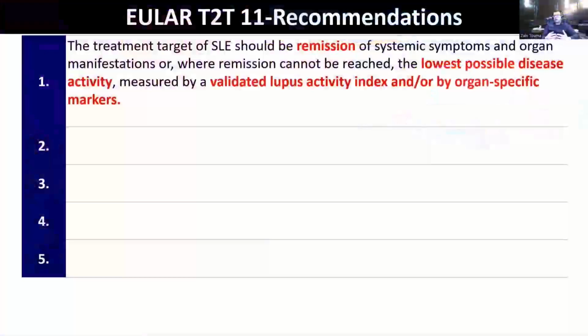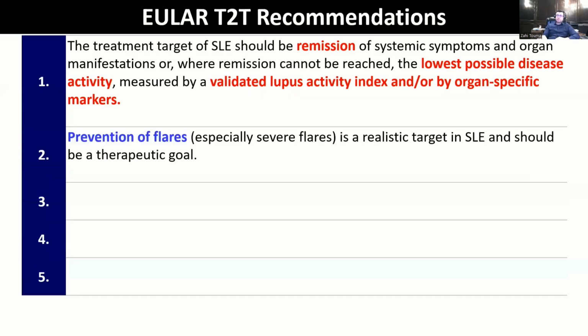Again, you can be a little bit more flexible when you have someone with nephrotic range of proteinuria or a large amount of proteinuria, but at least there are targets there to guide us on how to adjust and make changes in the therapy. The second recommendation is prevention of flare.